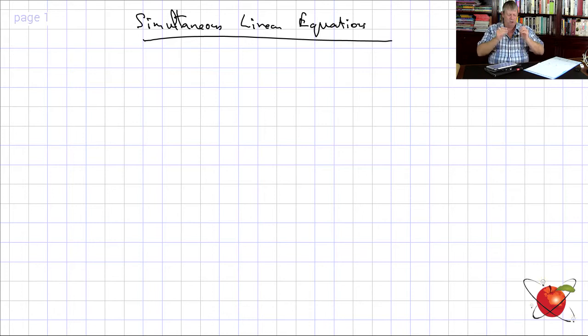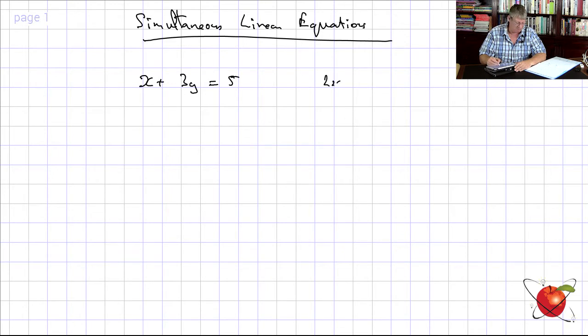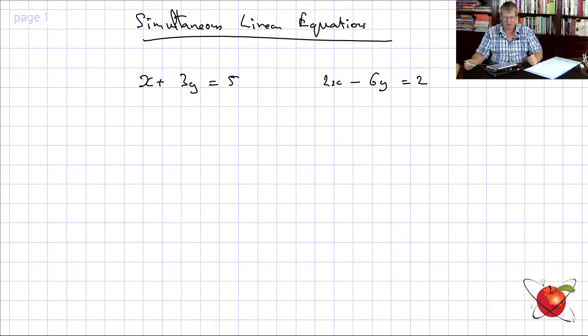Well, you could argue the point that if you have something that looks like this, x plus 3y equals 5, and 2x minus 6y equals 2, you could just make x or y the subject of the formula and put them equal to each other, couldn't you?